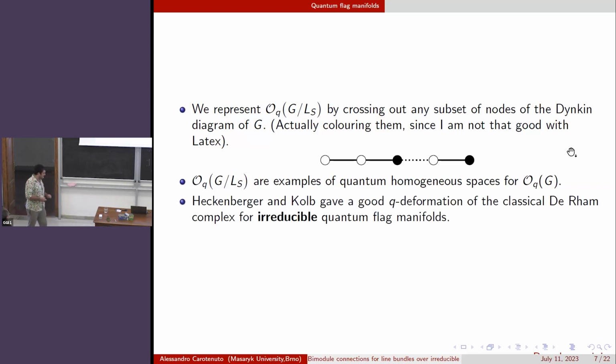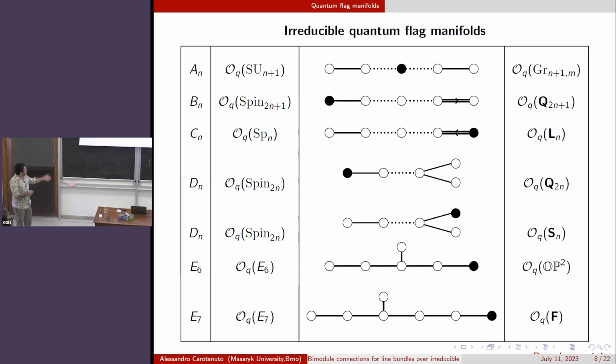Then what Heckenberger and Kolb did in 2006 was to find some good quantum deformation of the classical de Rham complex for a subset of quantum flag manifolds, the so-called irreducible quantum flag manifolds, which are here displayed in all their glory. So for the irreducible flag manifolds, they are actually what you might call one-step or one-cross flag manifolds, in which you only cross out one node.